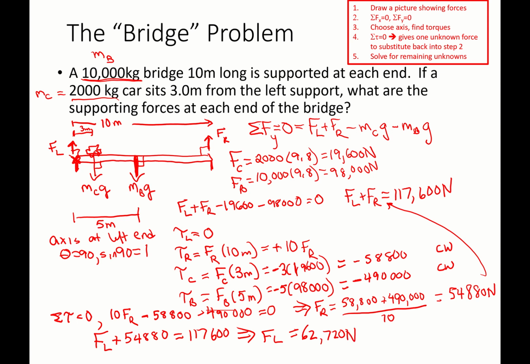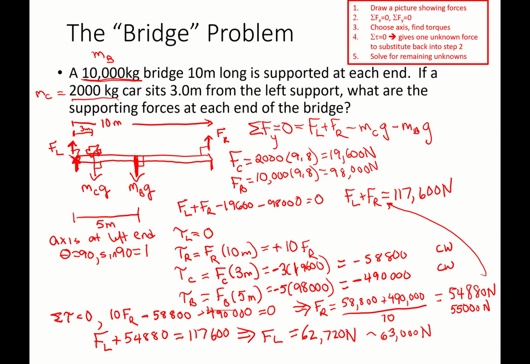Okay, and in this problem, how many significant figures do I have? Looks like I've got about 2 sig figs, so I should make this 55,000 newtons for the force on the left and 63,000 newtons for the force on the right.